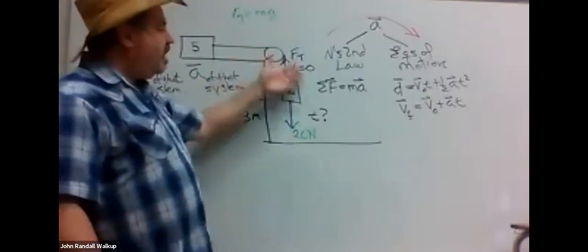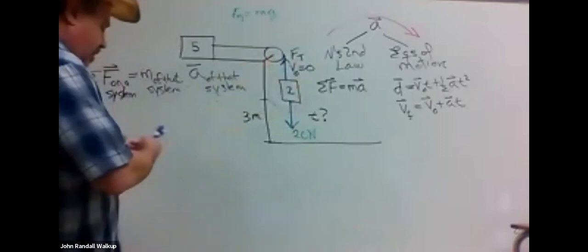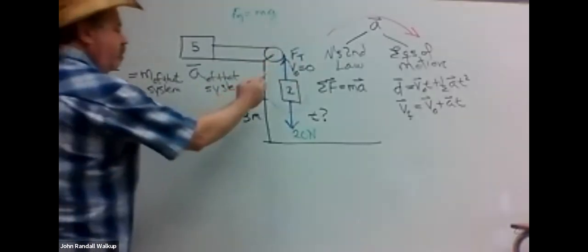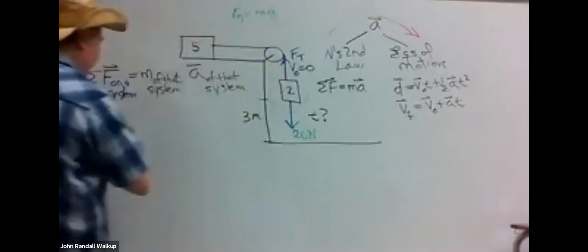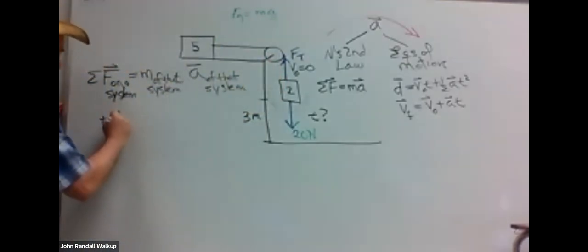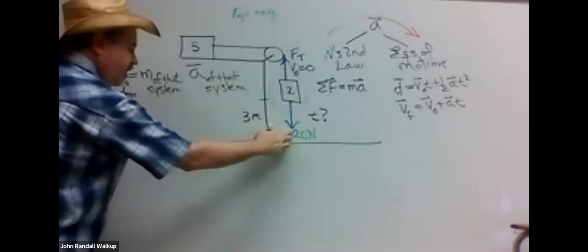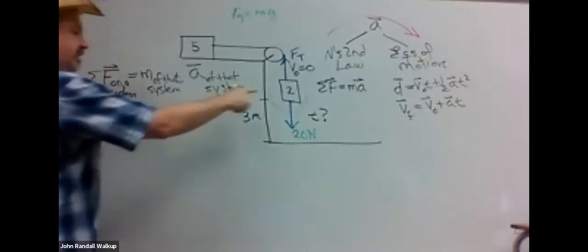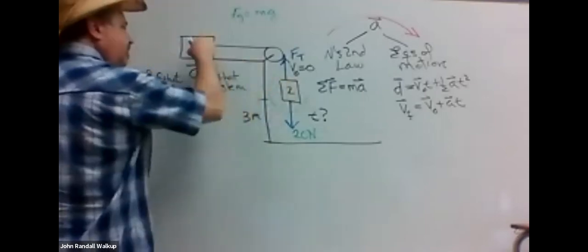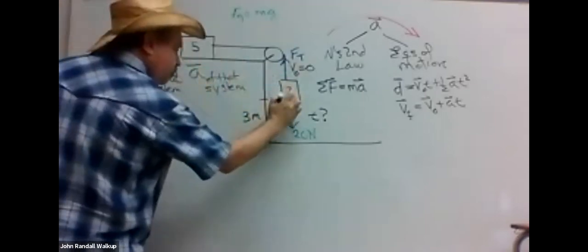So now we apply our Newton's second law. We get what? Well, we have the sum of the forces acting on the system. We have F of t going up, it's positive. mg going down, that's negative. And that's equal to the mass of the system. This is the system, not this one. We're not combined, it's just this one.